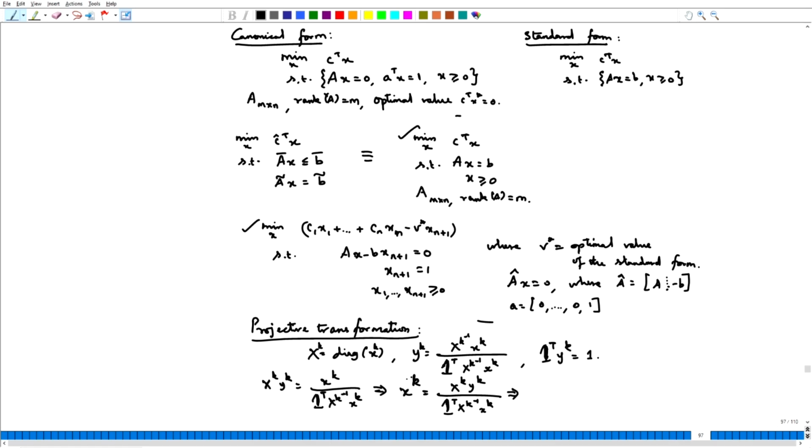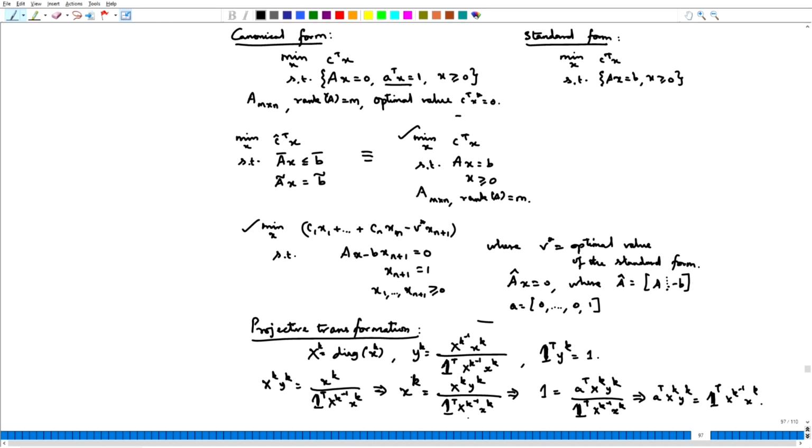So, note that A transpose x_k should be 1, right. That is coming from this constraint. So, A transpose x_k is 1, okay. What that means is that 1 equals A transpose capital X_k y_k by 1 transpose X_k inverse x_k, right. So, that implies that A transpose X_k y_k is 1 transpose X_k inverse x_k, right.